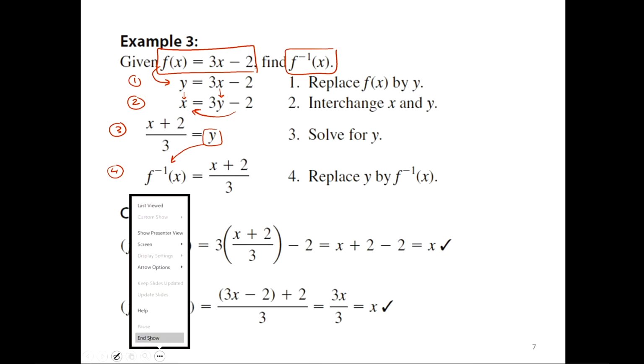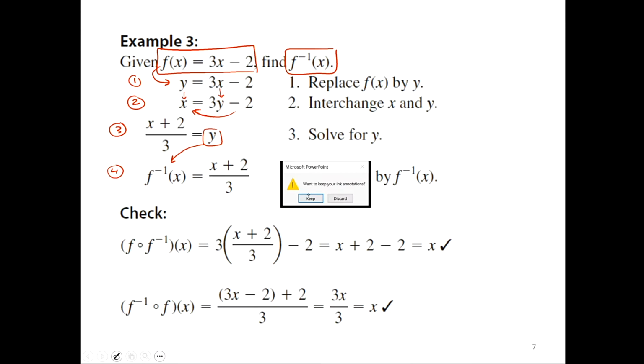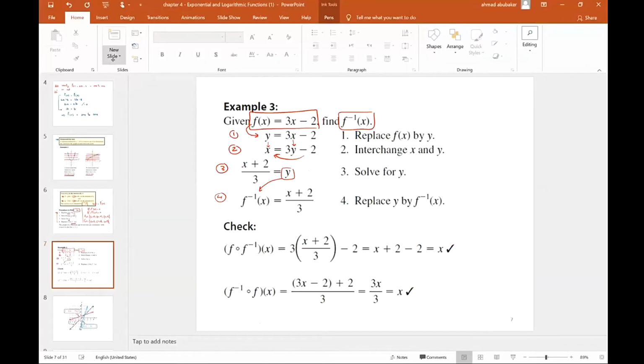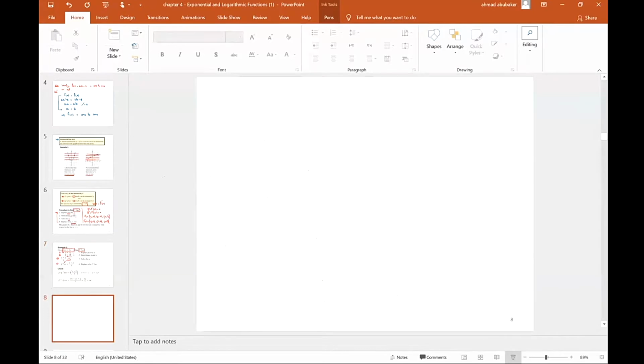Okay? Another example to find the inverse. Example, find f inverse of f of x if f of x equal 5x minus 3 over 2, like this.